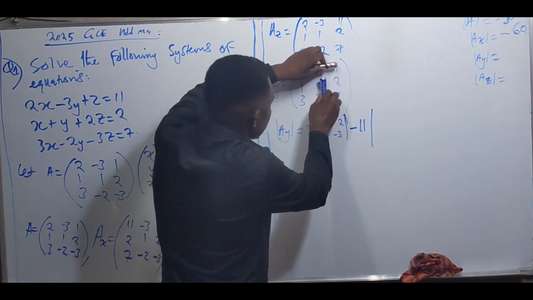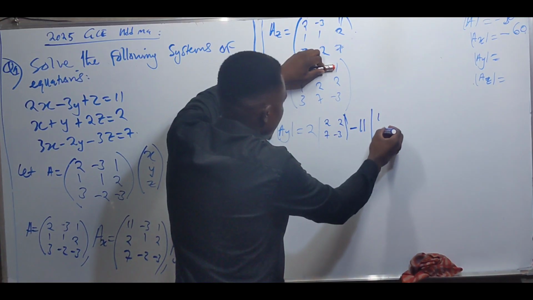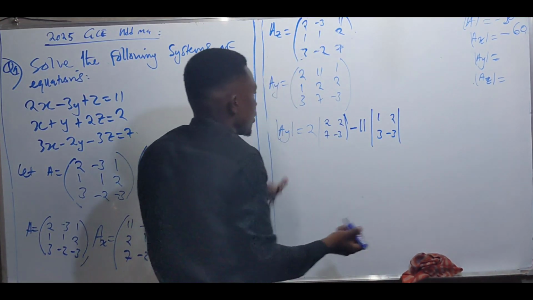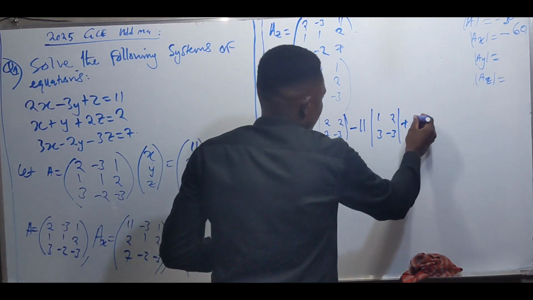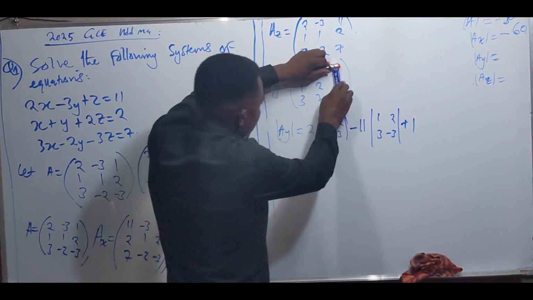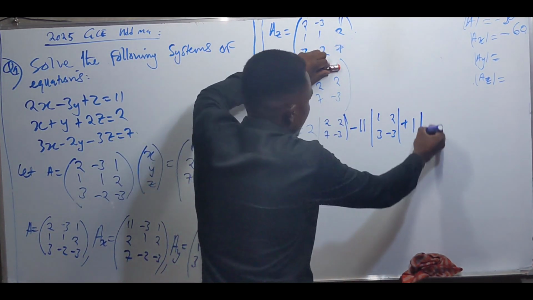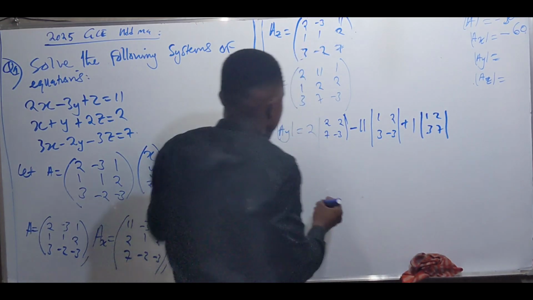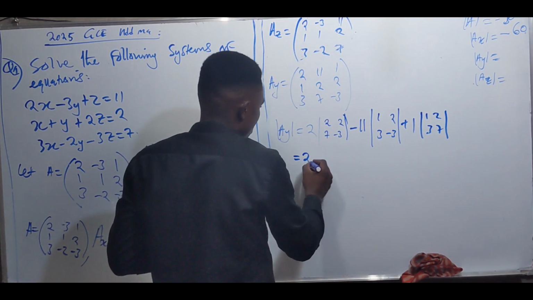If I delete this, what am I going to remain with? 1, 3, 2, as well as -3, like that. Great. The third one is a positive. So what happens if I delete? I'm going to remain with 1, 2, 3, as well as 7. Great. You can find this is 2.